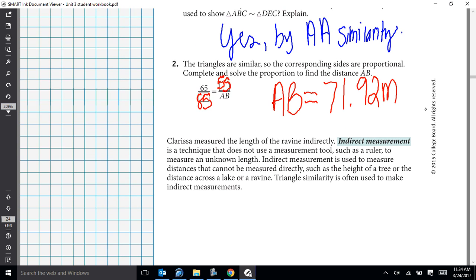So what we did here was, because she did not take a tape measure and stretch it across the ravine, that would be a direct measurement. Because she measured it using math, that's called indirect measurement.